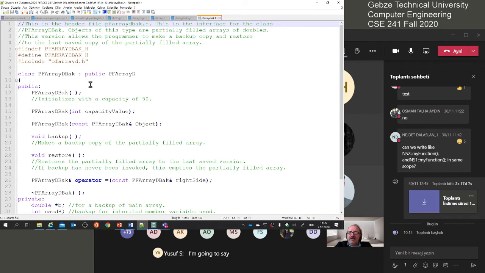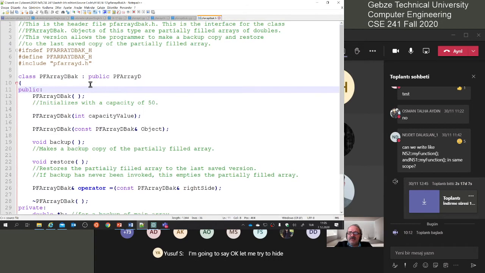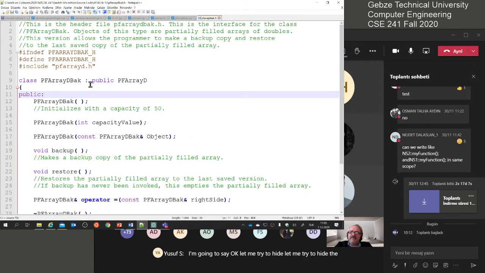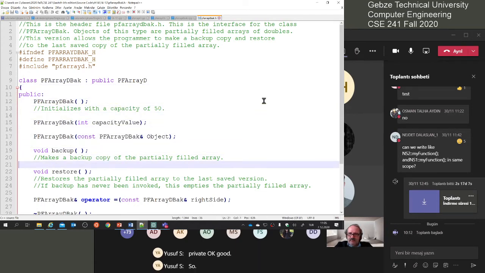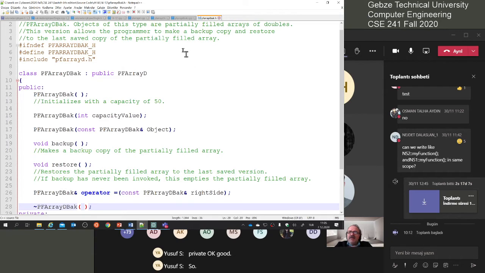Let me try to hide the private. Okay, so PF array D backup is a PF array D class actually, but on top of it, it says that it can take the backup of the object.